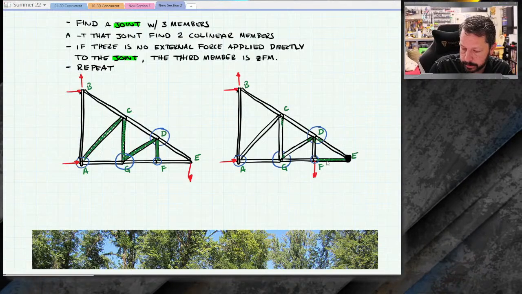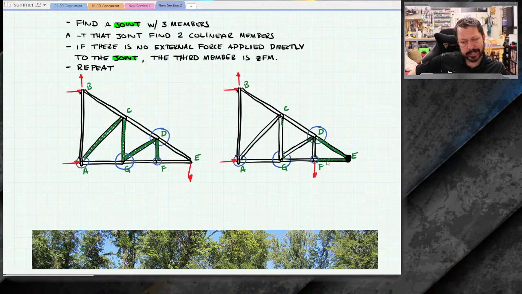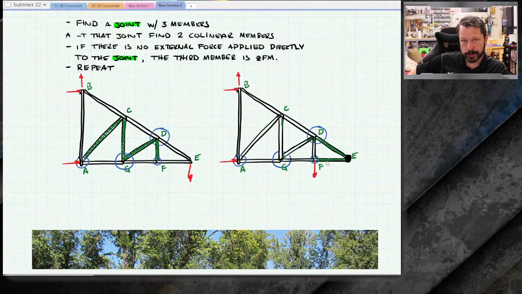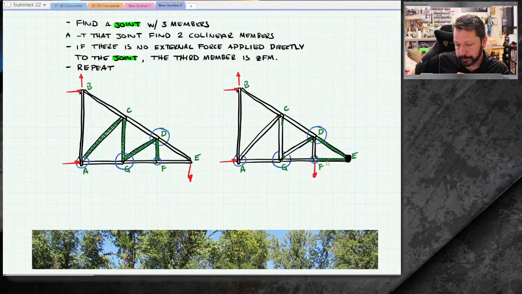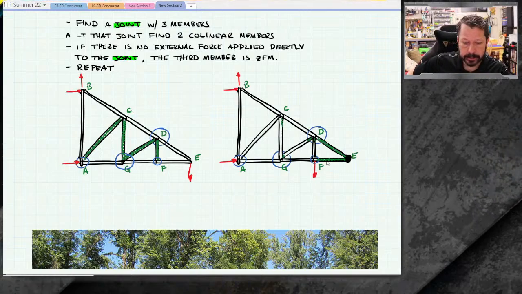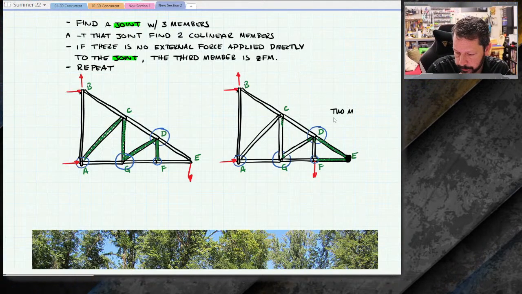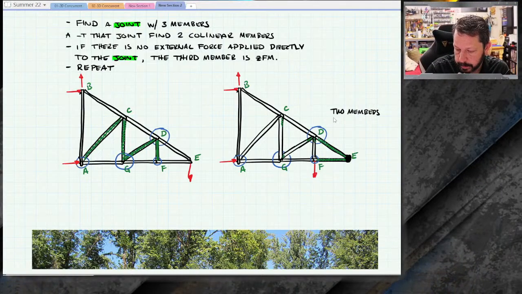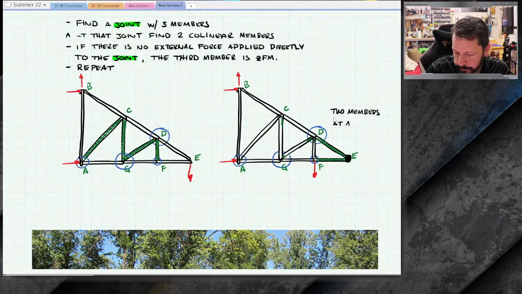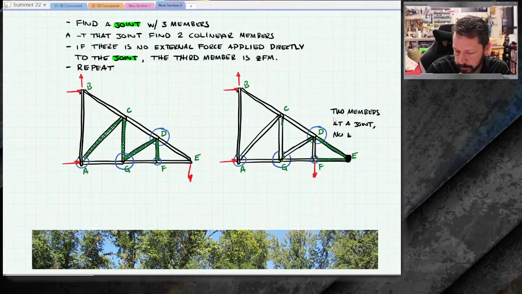So these two end up being zero force members, and you can kind of tell just by looking at it because there's no force over there other than the weight of the pieces themselves. So that's another condition for zero force members. Two members at a joint, no external force at that joint.